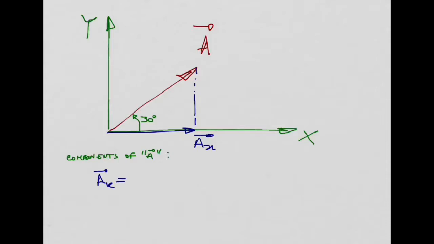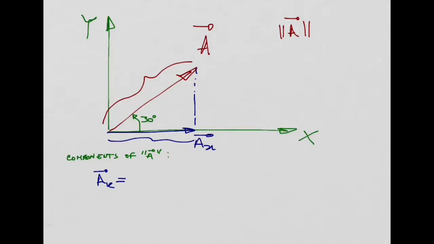You tell me, how much is the norm, or the intensity, or how much is the length of this vector? Yes? Norm of A cosine of 30 degrees. Norm of A gives me the length, or the intensity, of vector A, right?